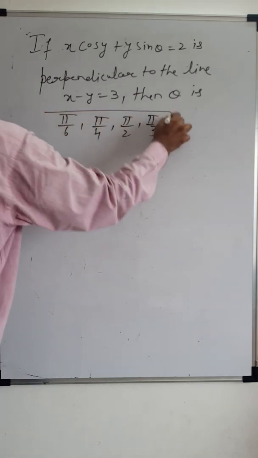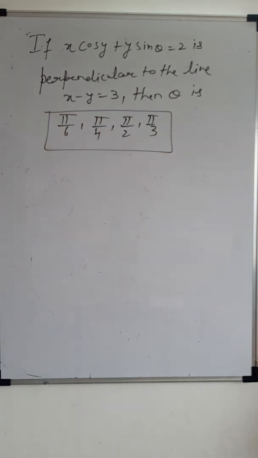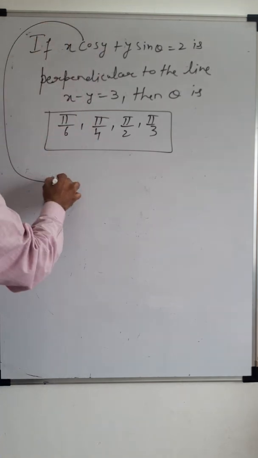These are options. Right? So first of all here we will get the slope of this line.